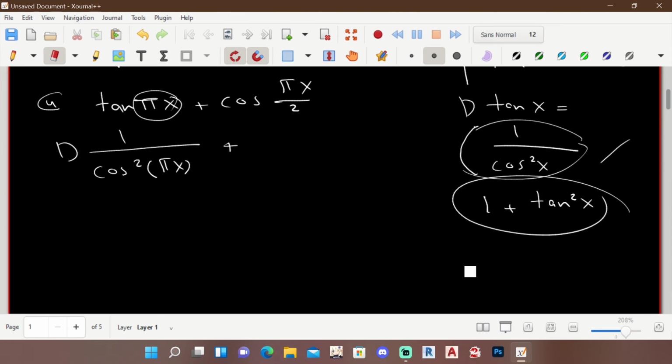And just remember that here we've got pi x, so it's going to be cosine squared of pi x, plus the cosine derivative, which is minus sine, so we can just do minus here and multiplied by... let's do this here. Okay, I forgot the inner derivative.